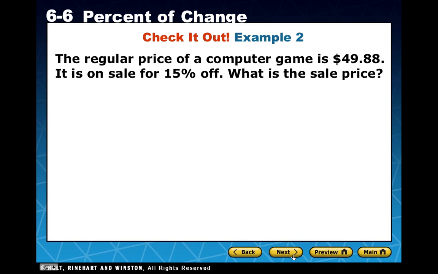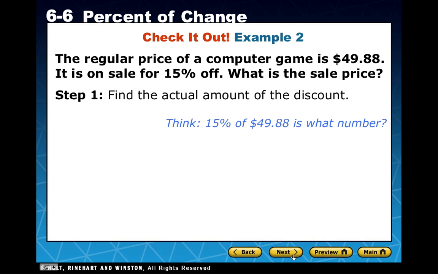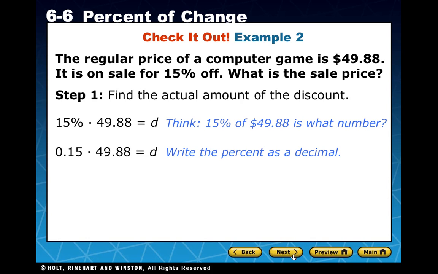Alright, so another example just like the last one. Original price of a computer game is $49.88. It's on sale for 15% off. So we're going to find the amount of discount. Okay, so 15% of $49.88. So 0.15 times $49.88.